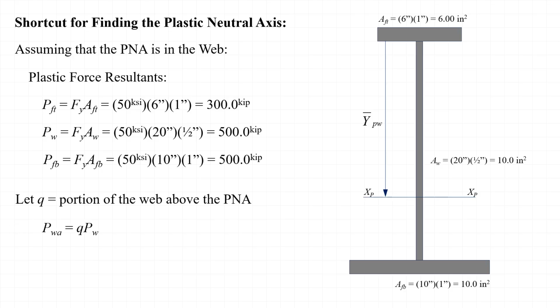Thus, we can write that the force carried by the web above the plastic neutral axis, P sub WA, is equal to Q times P sub W, and that the force carried by the web below the plastic neutral axis, P sub WB, is the remaining part of the web force, equal to (1 minus Q) times P sub W. As an extension of that, we can write that the area of the web above the plastic neutral axis, A sub WA, is equal to Q times A sub W, and that the remaining area of the web, the part that lies below the plastic neutral axis, is equal to (1 minus Q) times A sub W.